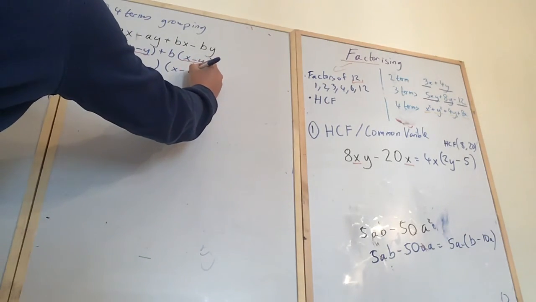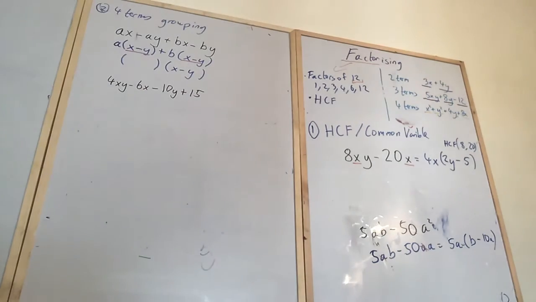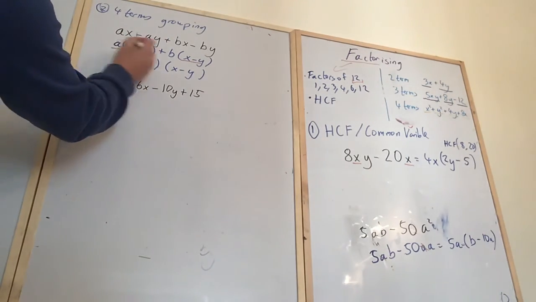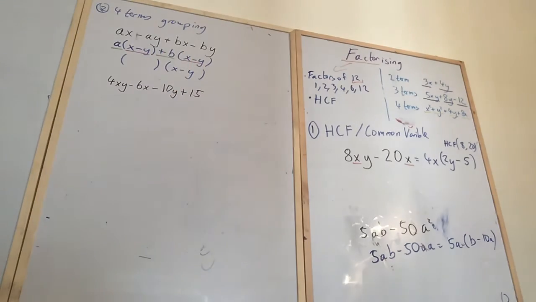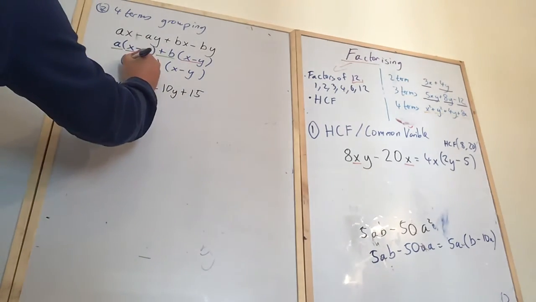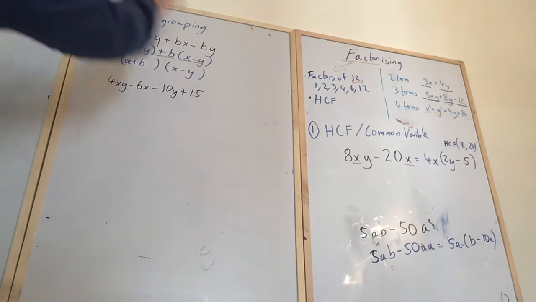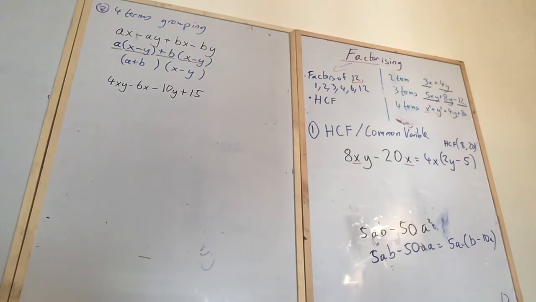It doesn't matter which one. I'm just putting it in as a second. You could put it in as a first. And what will be the first bracket will be a plus b. Be very careful with your signs. a plus b. Okay, so that's pretty much factorized by grouping.